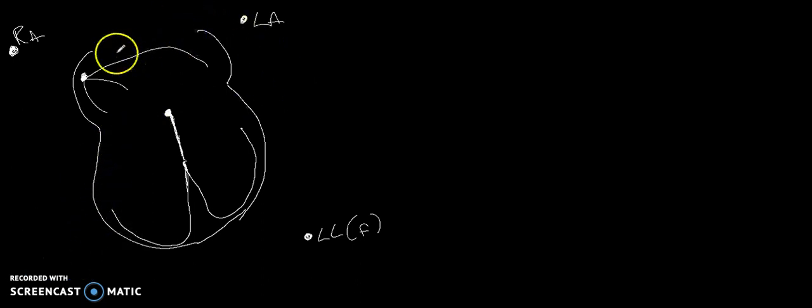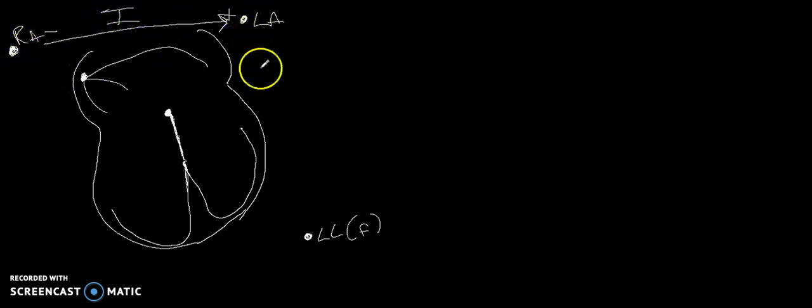Okay, so what we do when we put these electrodes on and turn our ECG on is set up some bipolar leads. In other words, these are leads that have a negative and a positive electrode. This is ECG lead 1, and it looks across the heart, from right arm to left arm. We've got another one that looks down from the left arm towards the left leg. I'm going to draw it in here.